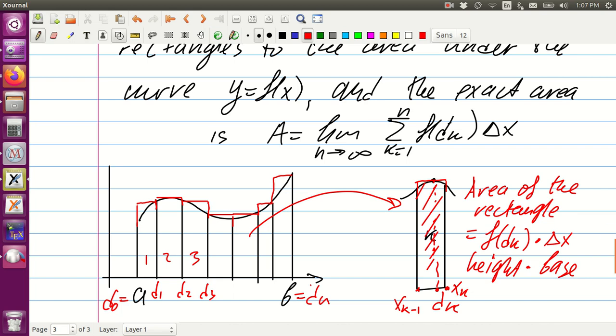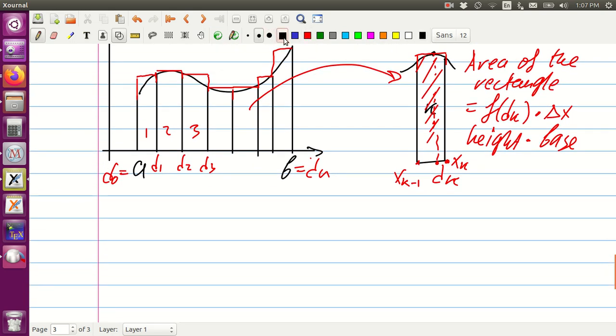So let's do our older problem from the previous lecture using the circumscribed rectangles. So in this example, we're going to resolve the problem from the last lecture by using circumscribed rectangles.